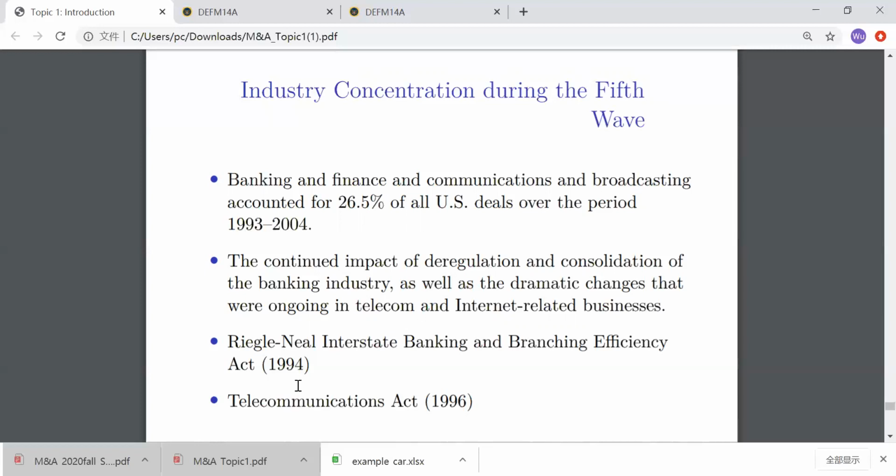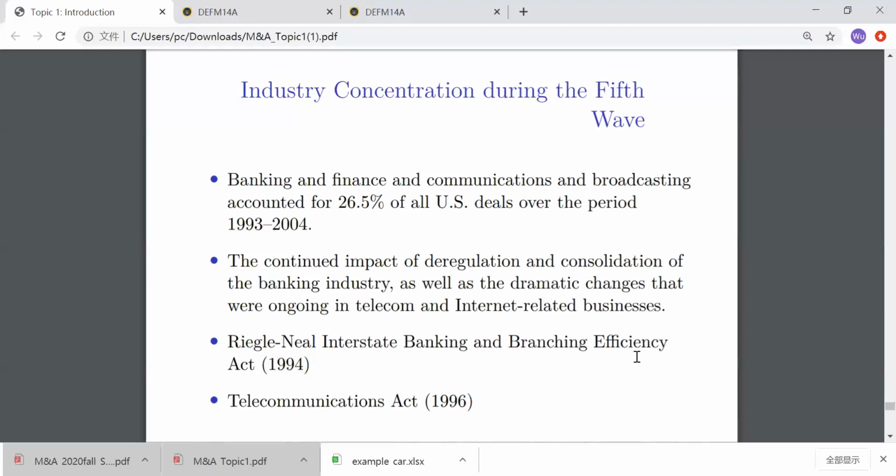The deregulation in this period was called the Riegle-Neal Interstate Banking and Branching Efficiency Act. That was a follow-up to the deregulation efforts in the 1980s.